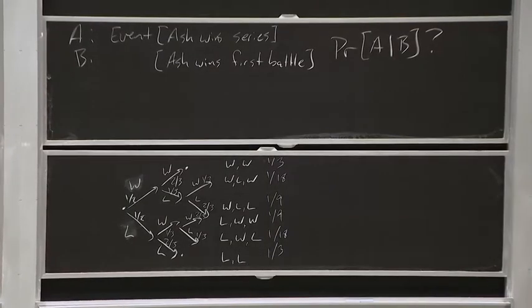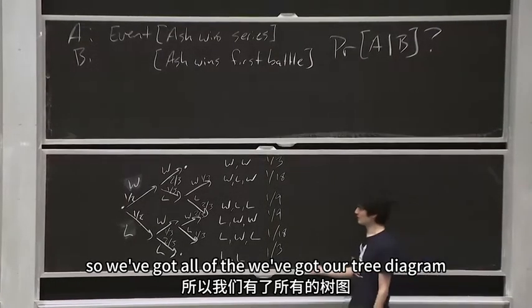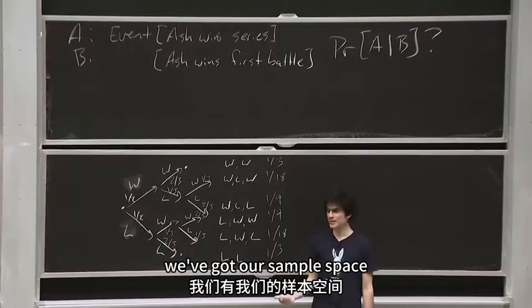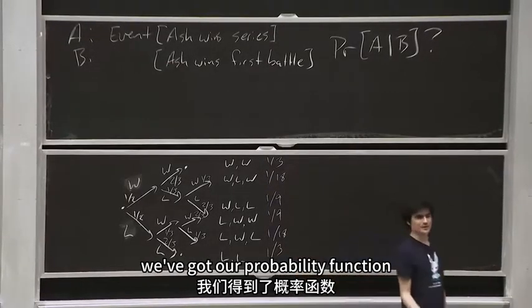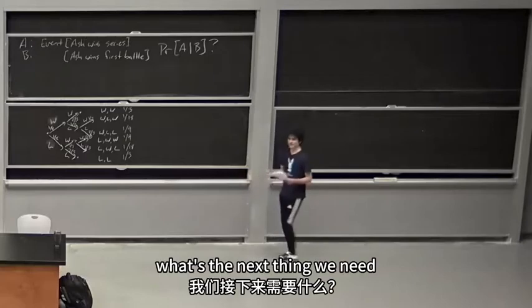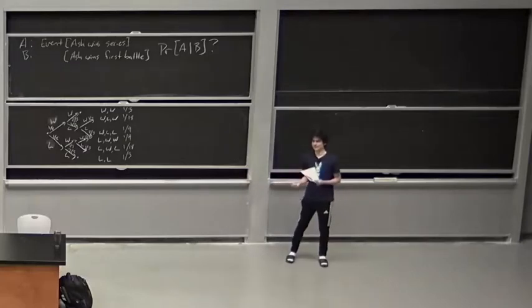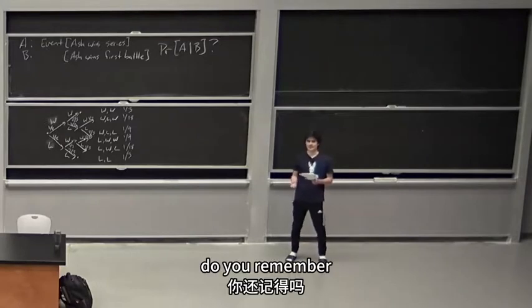So we've got our tree diagram, we've got our sample space, we've got our probability function. What's the next thing we need? Do we remember?